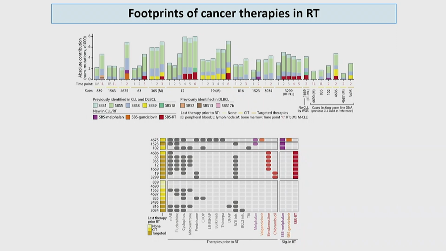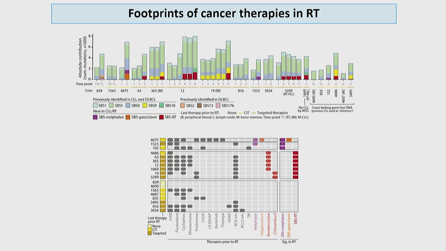So we plotted all the treatments of these patients, here all the different patients and the different treatments that they have received. And you see the patients that have received ganciclovir had this mutation. But then we have 3 patients that have a signature that was previously described as introduced by melphalan. And we found 3 patients, 2 of them had received melphalan.